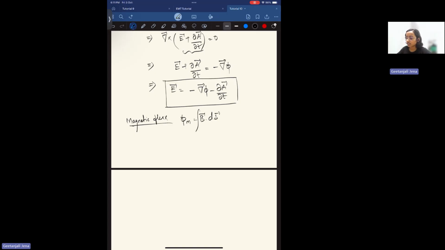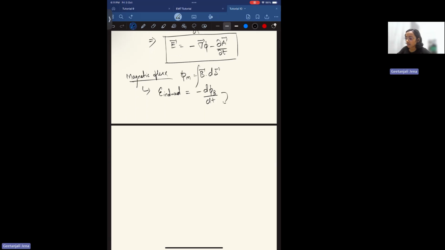When the magnetic flux changes with respect to time, we can have an induced EMF, which is induced because of the change in magnetic flux. So induced EMF is nothing but negative d phi by dt.